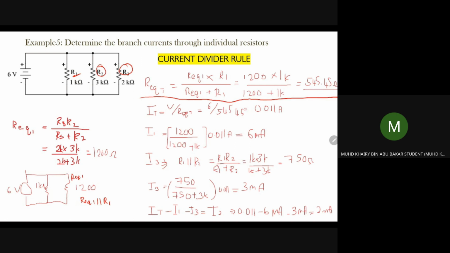R equivalent 1 you already calculated by combining R2 and R3, so you got 1.2K times 1K for R1 divided by R equivalent 1 plus R1. So you got 545.45 ohm, the same as what we calculated using the conventional method. Last time when we did this, we could not get 545. We got something else. Remember that in our class last time?